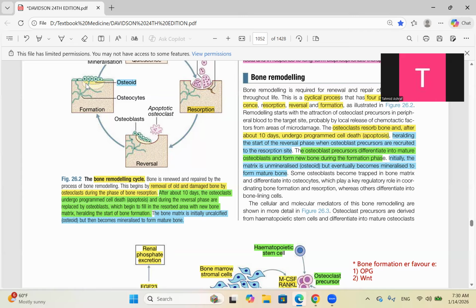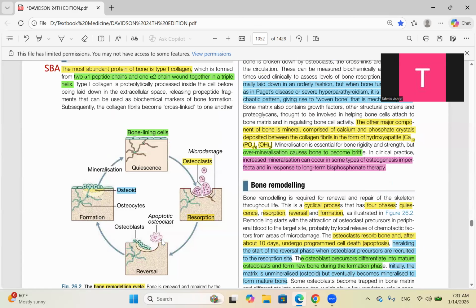Initially it is uncalcified or very little calcified, but then becomes mineralized to form mature bone. So it is in the osteoid stage early when it is devoid of mineralization, and later it gets mineralized to form mature bone.